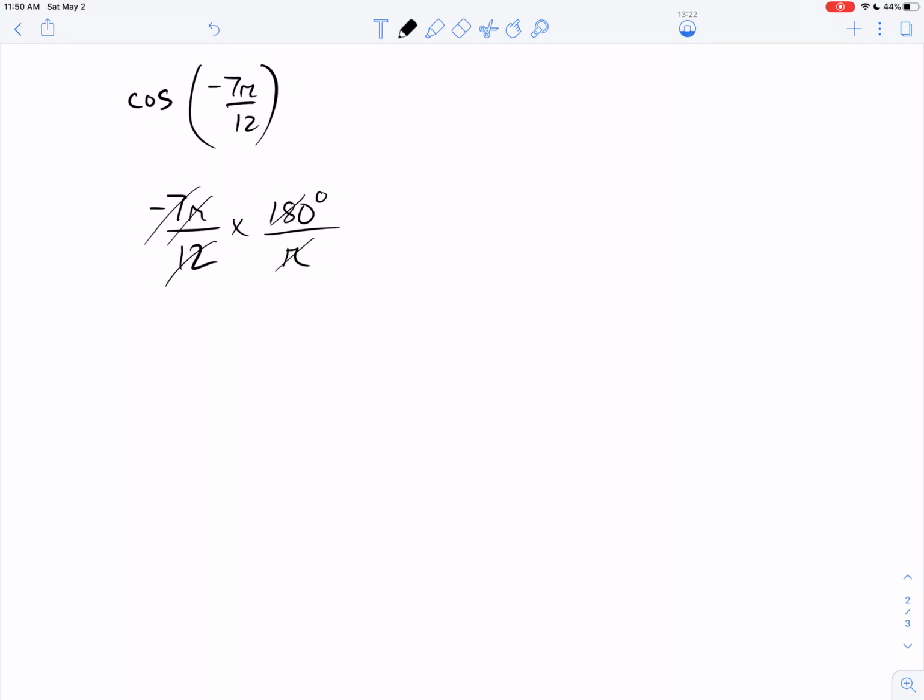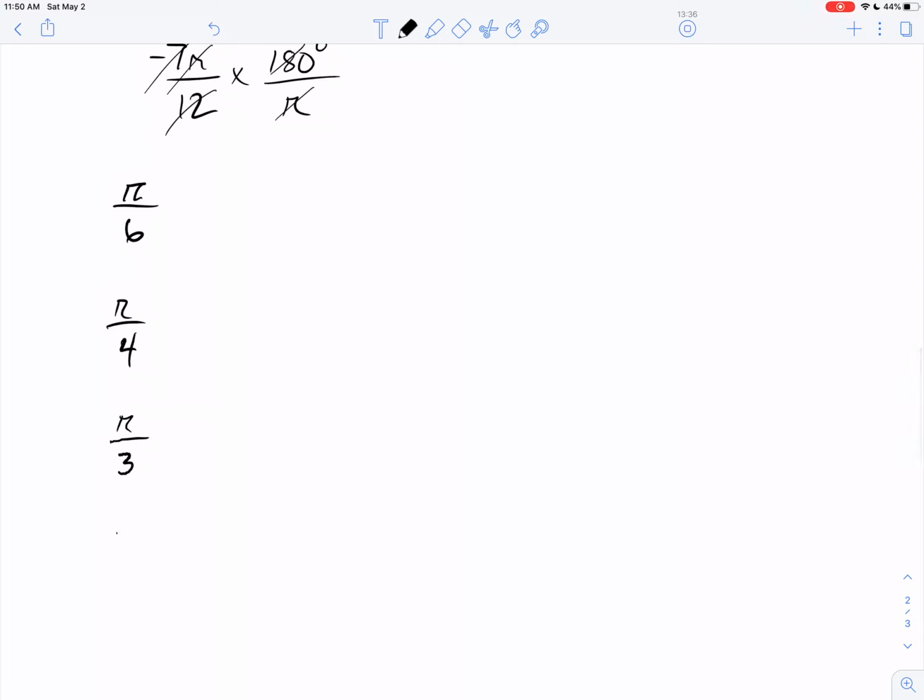I am going to use this trick that pi sixths, pi fourths, pi thirds, oh crap, I'm running out of room, and pi halves. These are my guys. Check this out, because I know a pi sixth angle is 30 degrees. I know a pi fourths angle is a 45 degree. Pi thirds is a 60 degree. Pi halves is a 90 degree.